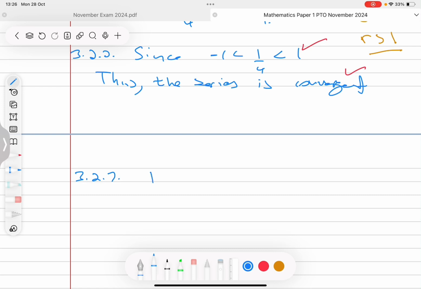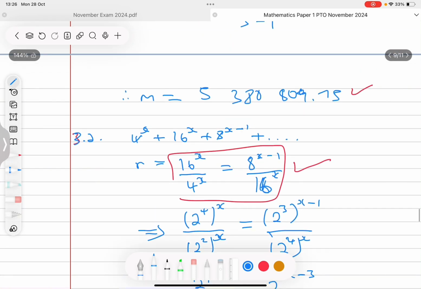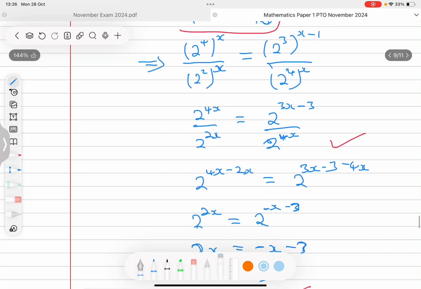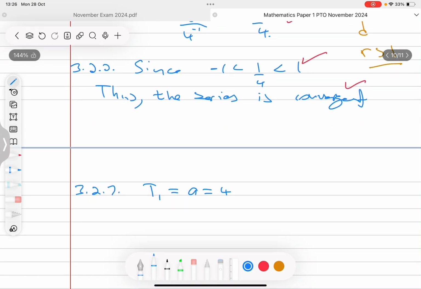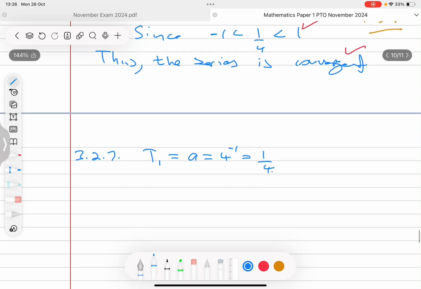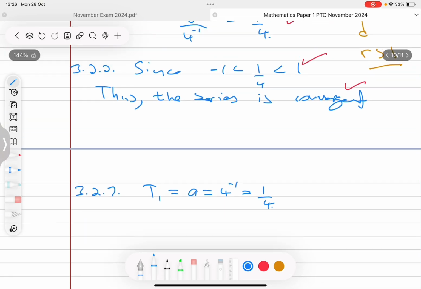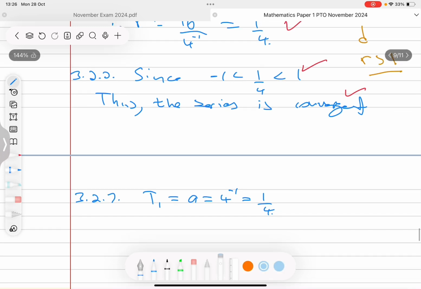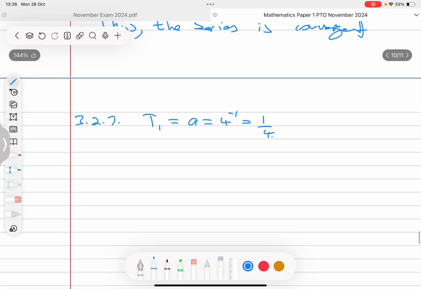The first thing that you have to notice is that we have the first term, which is a, and in this case is 4 to the power x, but we know x is -1. So I'll put 4 to the power -1, which is 1 over 4. So the first term is 1 over 4. And we also know our r, the common ratio. We know that it is 1 over 4.